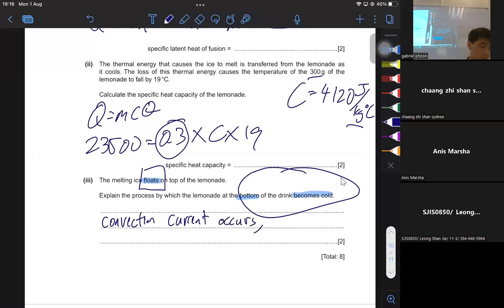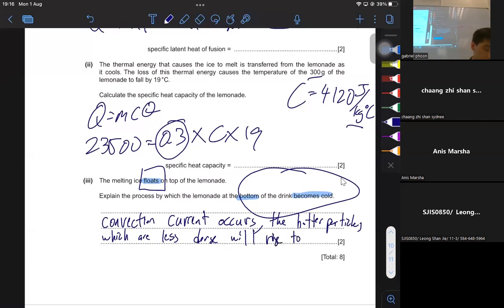The hotter particles, which are less dense, will rise to the top. The colder particles sink to the bottom.